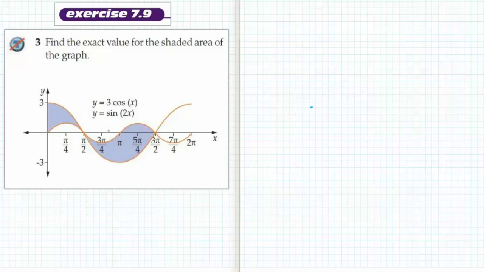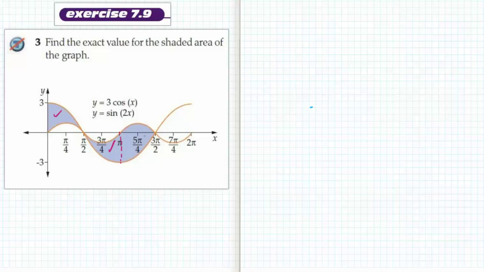I'm wondering if I can do any symmetry to save me some work, so that, for instance, if I look at this area and this area, it is the same, because the sine and the cosine are symmetrical about the median, and the median is the x-axis.